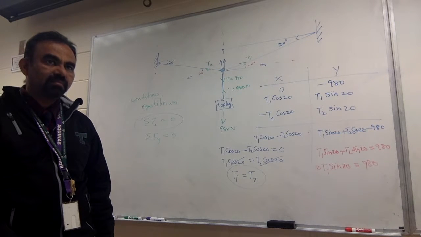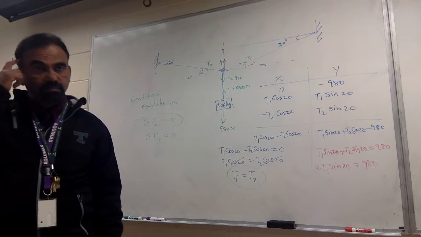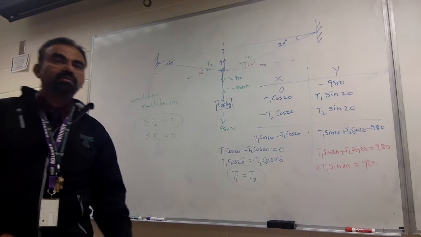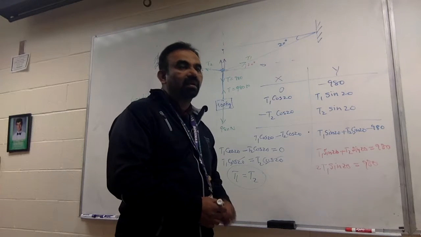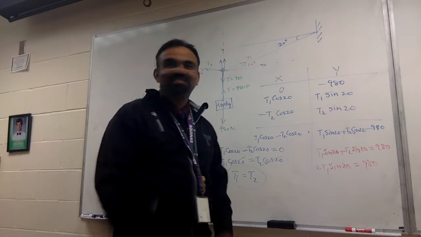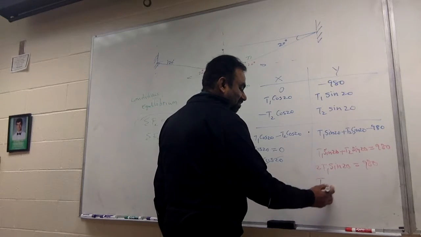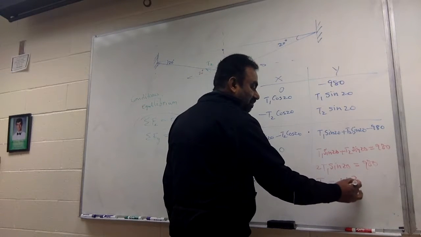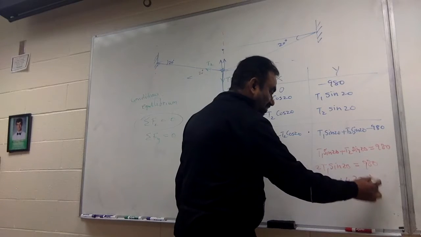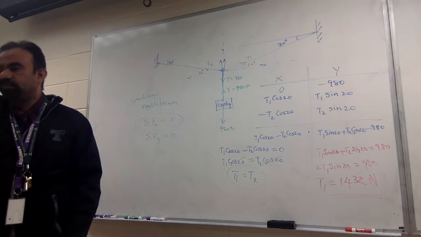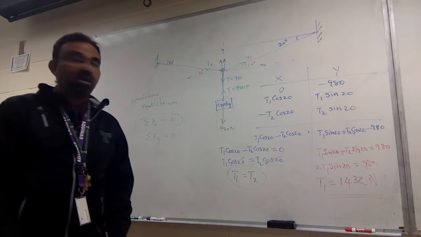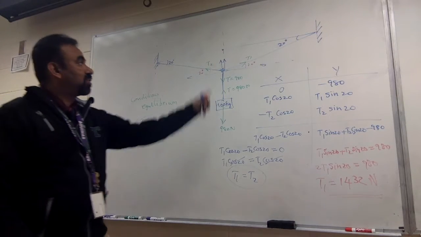You divide by 2, and there's a 2 also. It's 1432. That looks more likely. Oh yeah, probably radians instead of degrees. 1432.66, yeah, that'll do it. That's something you should be careful about. 1,432 newtons on this rope.